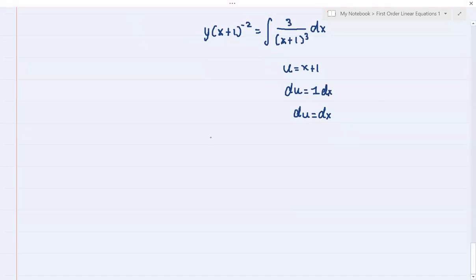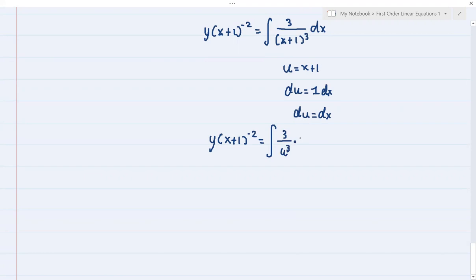So let's copy this one first. Y times quantity (x plus 1) raised to -2. Then here, this would be 3 all over u cubed times your dx.